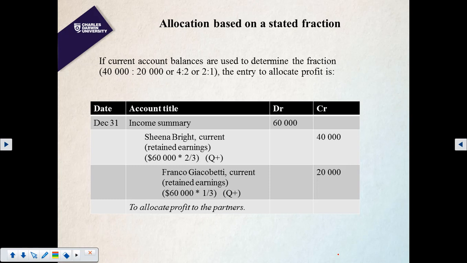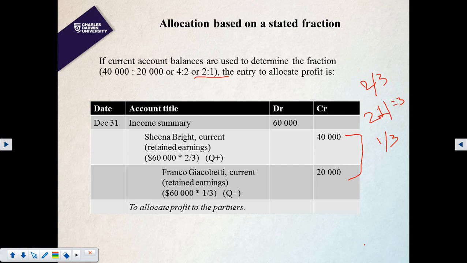If a fraction is given, for example 2:1 or 4:1, then this one is probably 2:1. Okay, right? It's going to be 2:1 for Sheena Bright. Then how do you calculate? 2 plus 1 is going to be 3, so it's going to be divided into 2/3 and 1/3. Is that okay?